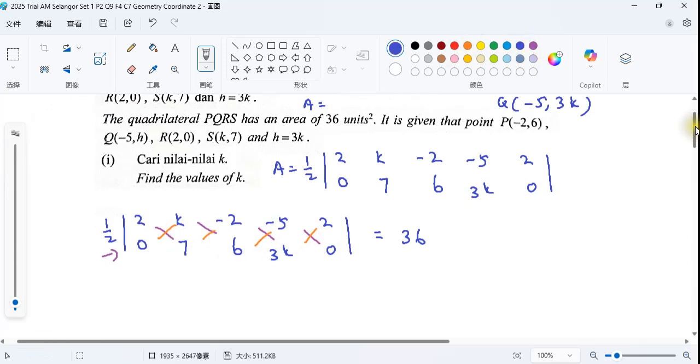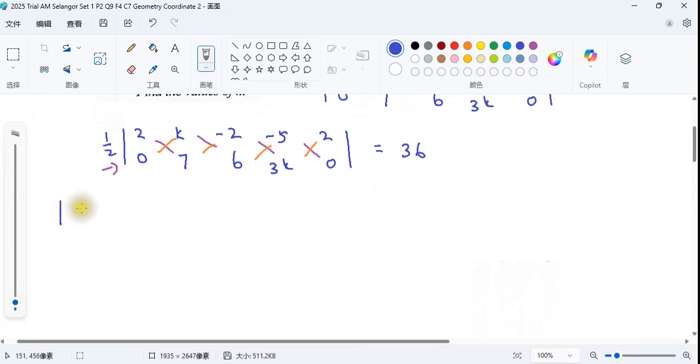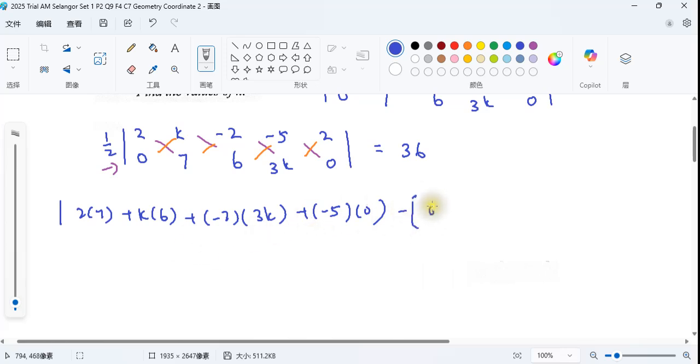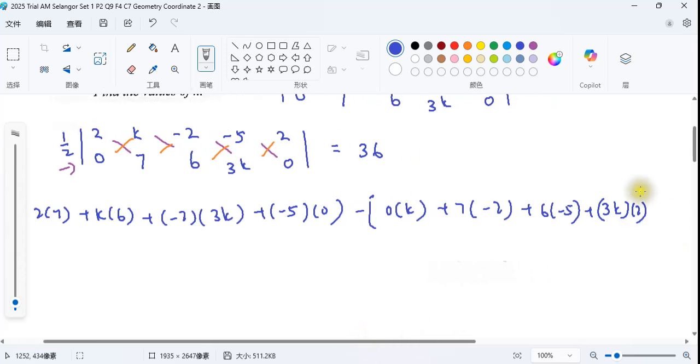We will have the modulus of 2 times 7 plus k times 6 plus negative 2 times 3k plus negative 5 times 0, and then minus 0 times k plus 7 times negative 2 plus 6 times negative 5 plus 3k times 2, equals 36.